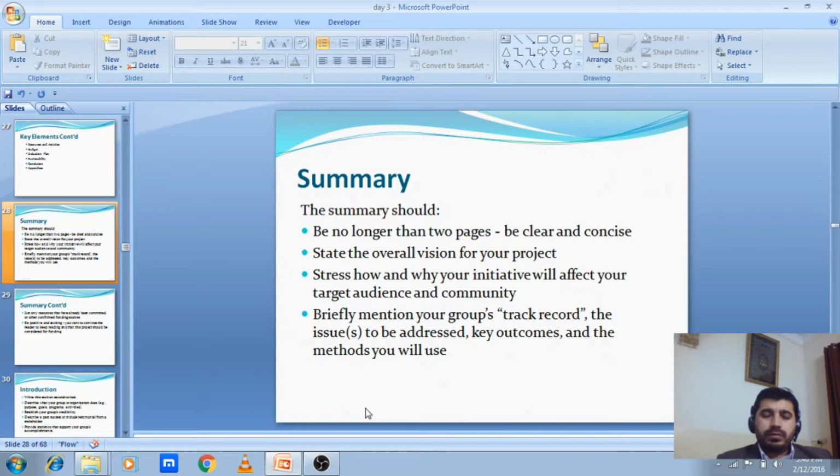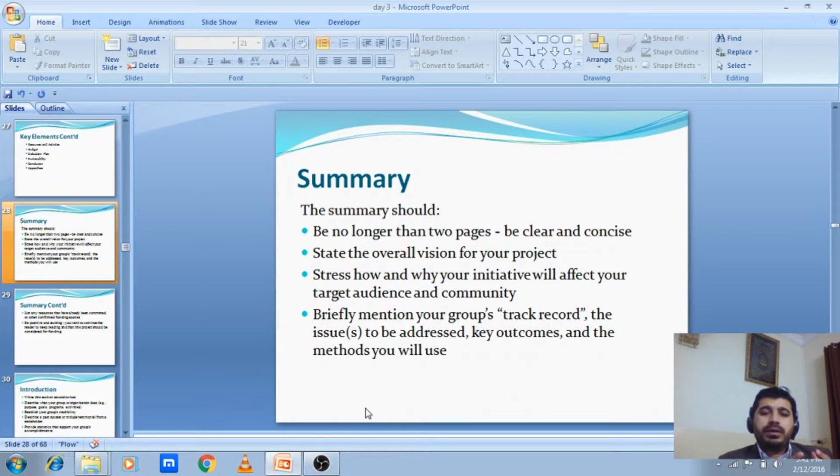So let's formally start the first key element, which is the summary of the report. It is recommended that the summary should not go beyond 2 pages. It should be clear and concise. And it should also show the overall vision of the project, what you want to achieve through this project.